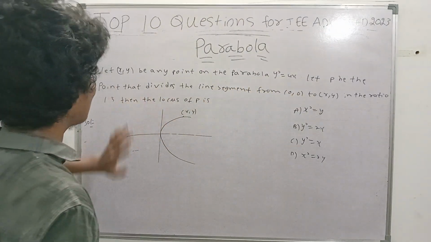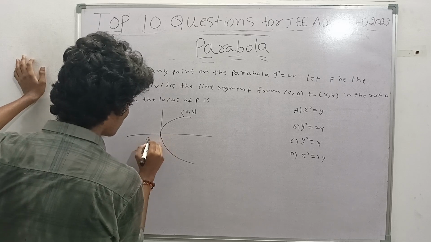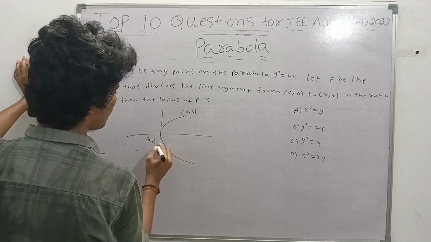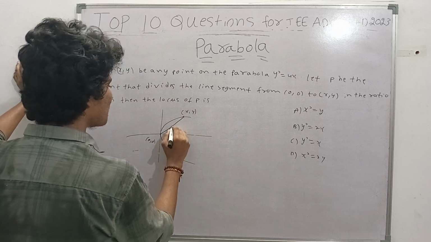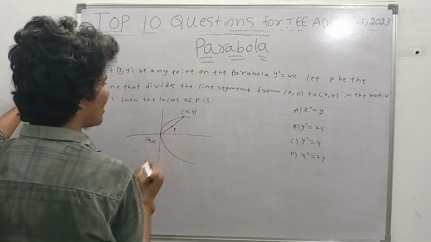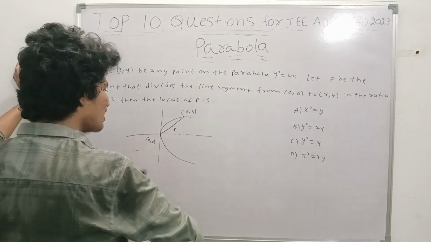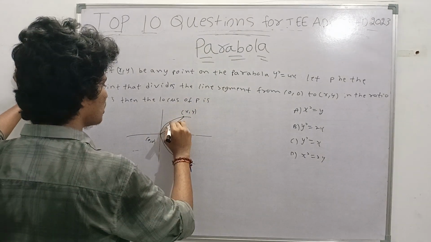Let P be the point that divides the line segment. Suppose this is origin (0, 0) and this point is (x, y). If we join these 2 points, P is a point that divides the line joining (0, 0) and (x, y) in the ratio 1:3.